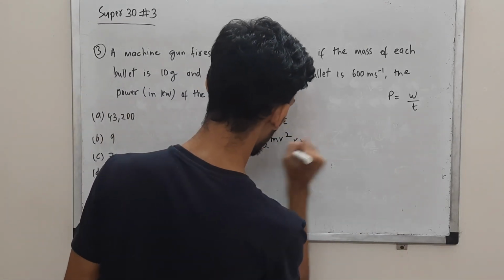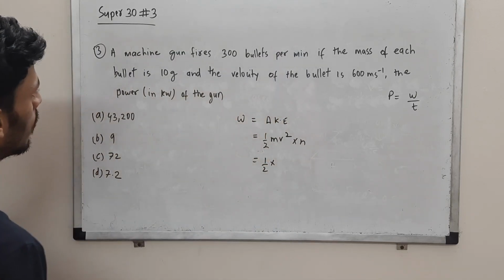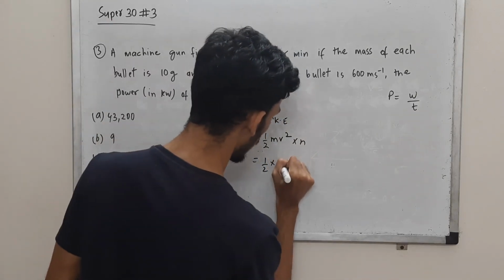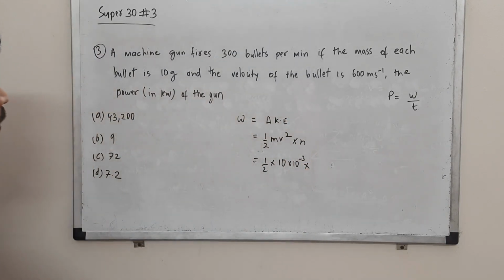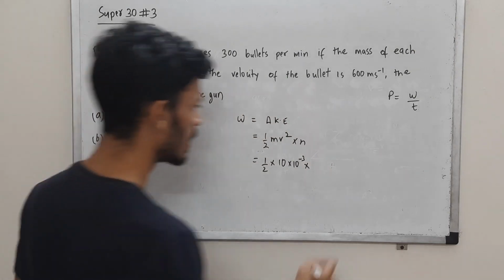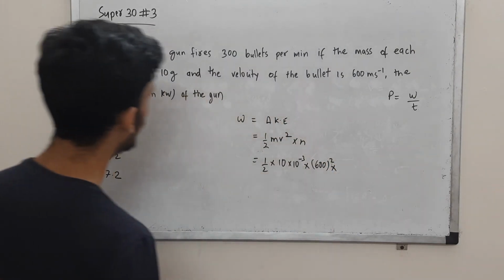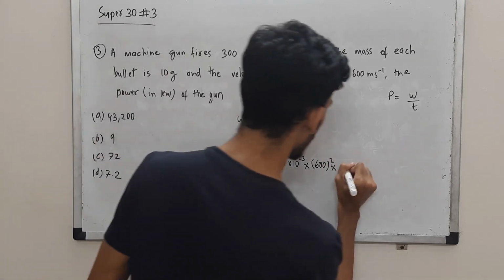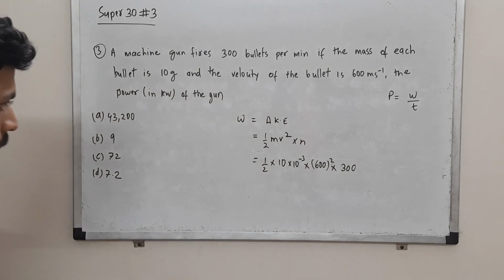So let us compute this value. Half m, what is m? 10 grams, 10 into 10 to the power minus 3, and v square, where v is the velocity, 600, squared, into n, number of bullets, 300. So let us solve this.